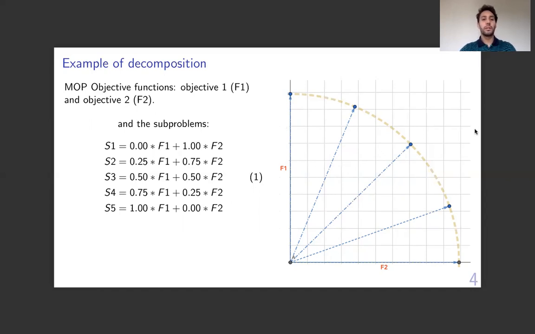In this case, S1 is 0 times F1 plus 1 times F2. S2 is 0.25 times F1 plus 0.75 times F2. All other subproblems are created in a similar manner. The idea is that by creating those subproblems, we can distribute our solutions well in the objective space.